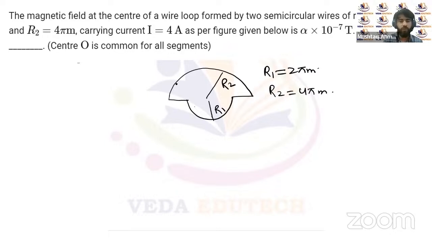The current flowing through the system is 4 amperes, and the magnetic field at the center is given as alpha into 10 to the power minus 7 Tesla. We have to find the value of this alpha.